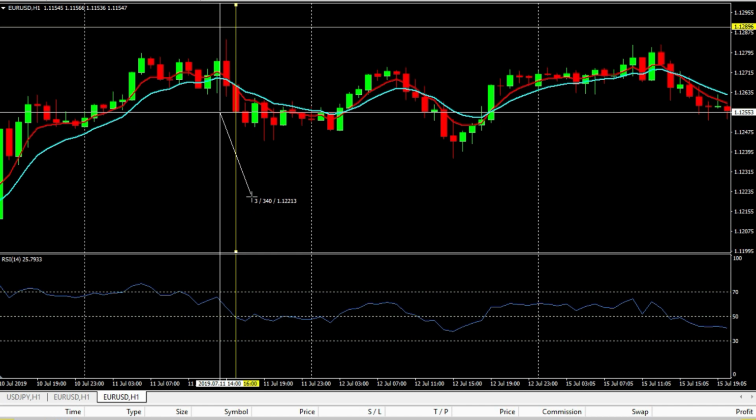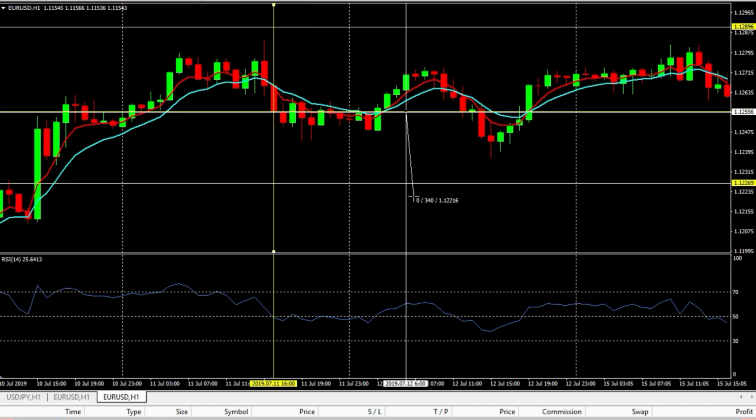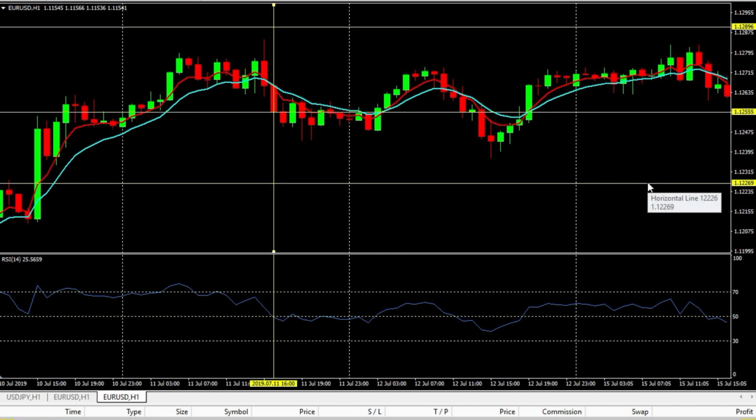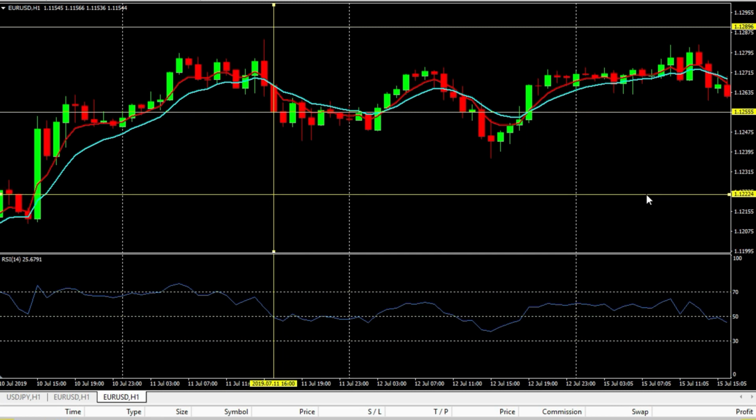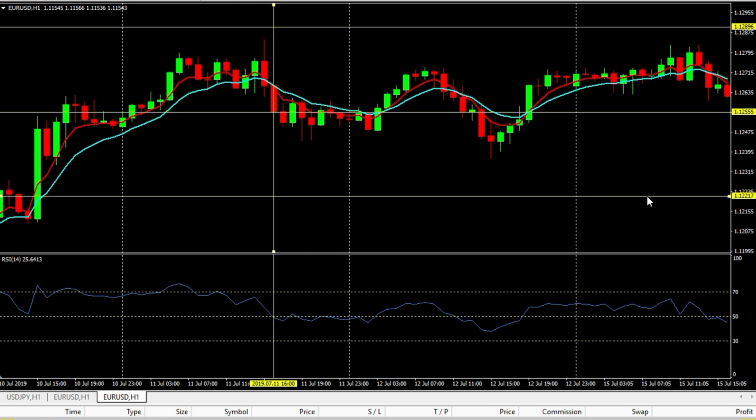A 34 pip target will be at 1.22216, about here. So this is our stop loss, and this is our take profit, and we went short.